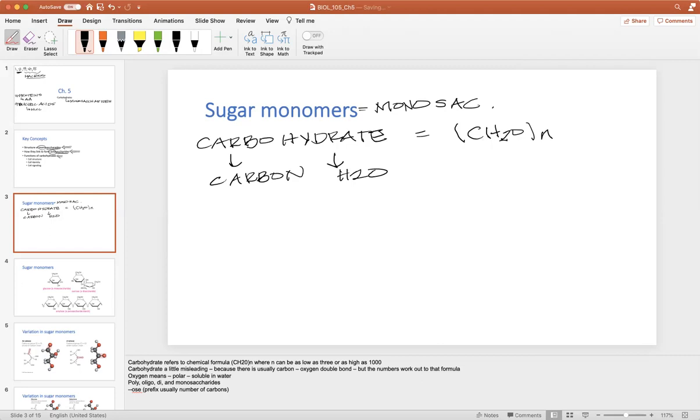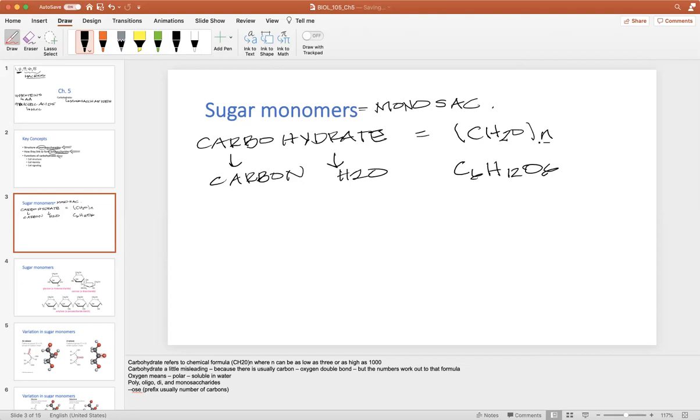So carbon, water, carbohydrate. So if you were talking about glucose, this N would be 6, and it would look like this, the chemical formula, C6H12O6. Does that make sense? So that's where that name carbohydrate comes from.